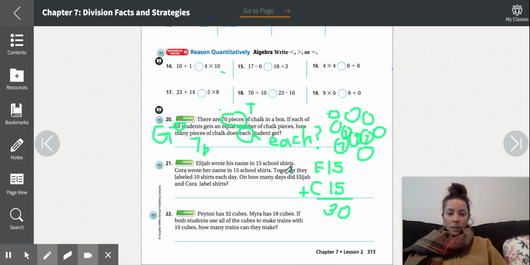And then it says together they labeled 10 shirts each day, like total for both of them. Okay, so 10 each. So it looks like I'm going to start with this 30, and maybe I could do repeated subtraction, taking away 10 for each day. Like they only do 10 all together each day, then they take a break. So start with 30. Then if I take away, let's do a little number line here.